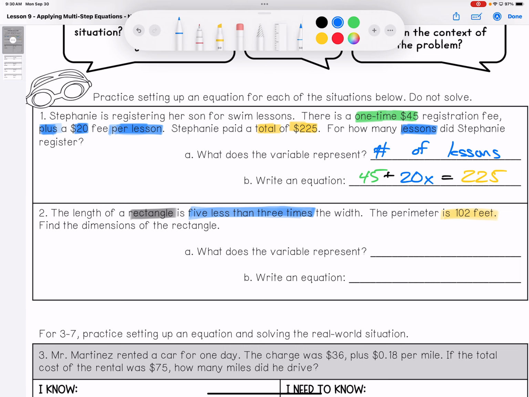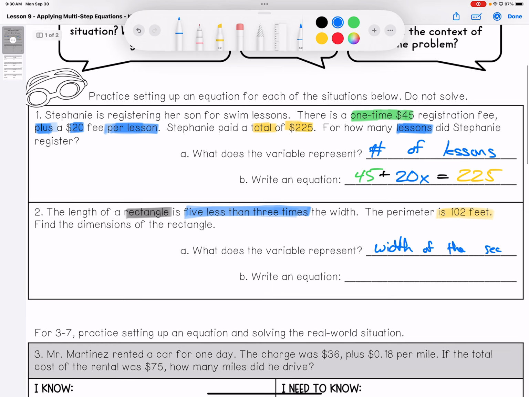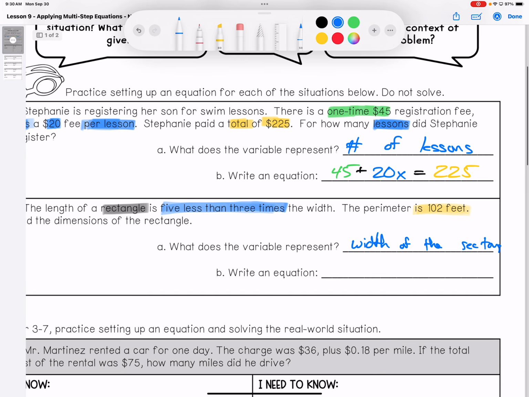What is the variable? We do not know the width. So width is x. Yes, they ask us to define the dimensions, but we have to find the width first, and we don't know the width.